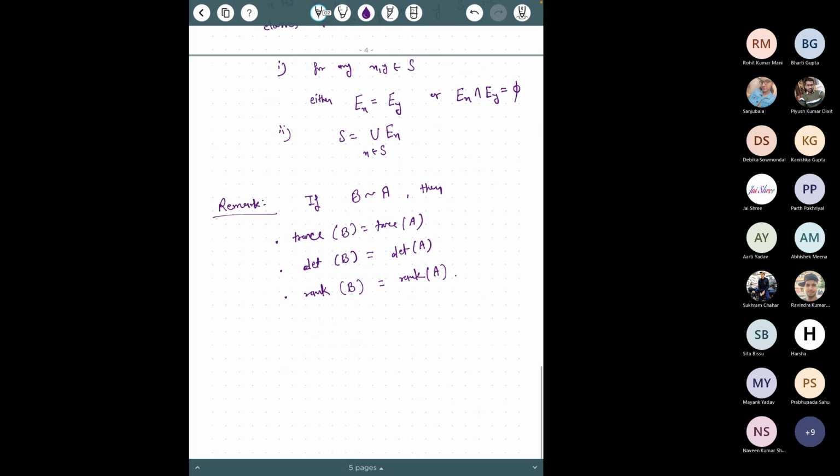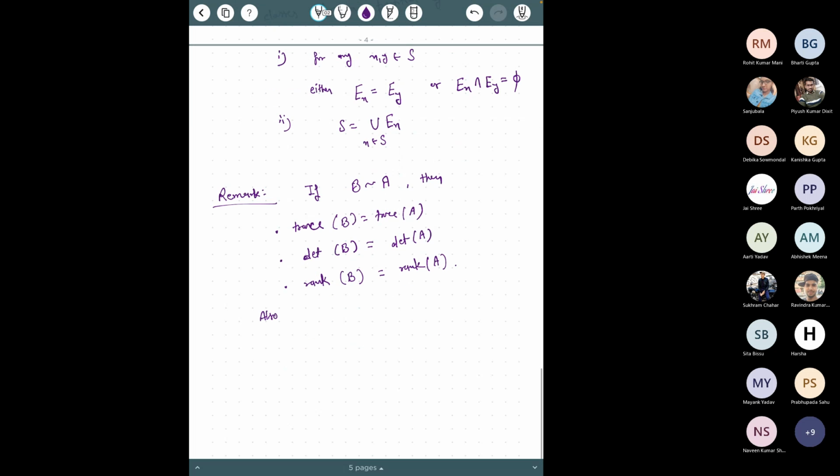Although I have not introduced these terms, let us assume that after maybe today's lecture you will know what these terms are. So, let me write, same characteristic polynomial. They have the same eigenvalues. So the set of eigenvalues of B is equal to the set of eigenvalues of A.